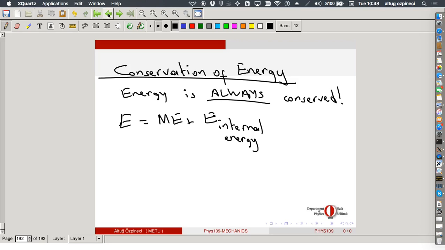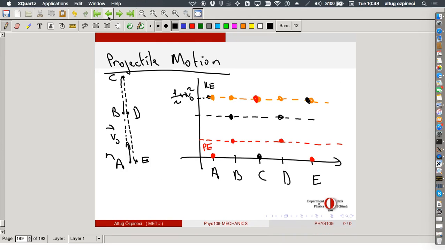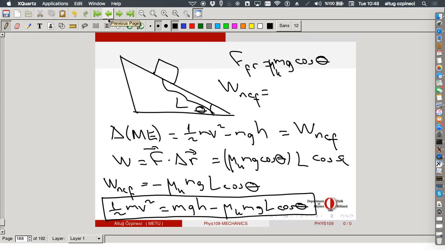Now, as the object slides down in this inclined plane, some of the mechanical energy of this mass is converted into heat. This inclined plane and my mass, they heated up. And how much did they heat up? Well, this much. Using this expression for the energy, you can calculate how much the temperature of the object changed with some additional knowledge of the material.